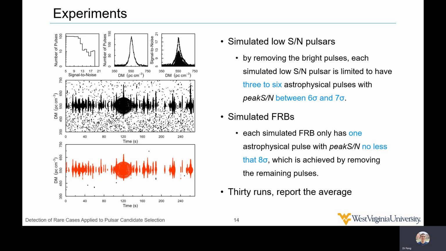Specifically, for low SNR pulsars, we only keep 3 to 6 astrophysical pulses with peak SNR between 6 and 7 sigma. And for FRBs, we only keep one astrophysical pulse with peak SNR at least 8 sigma. We run our experiments 30 times and report the average.